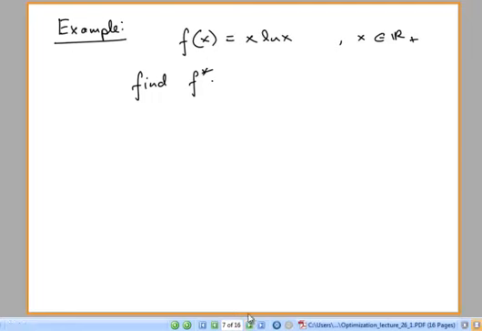Let's do some concrete example of finding f star. So if f has a formula, then if we can find some formula for f star, then we might be able to use it in our optimization problem. Because our eventual aim is to somehow push f star into the dual function.